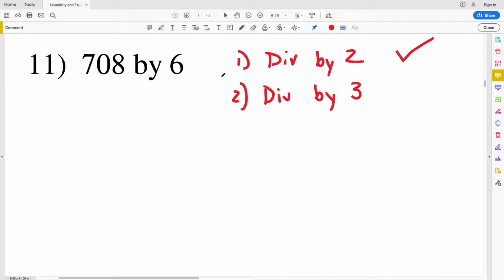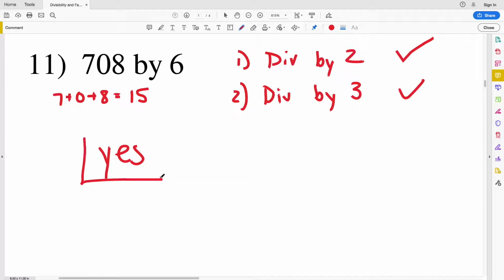Next, is it divisible by 3? 7 plus 0 plus 8 is equal to 15, and we know that 15 divided by 3 gives us a 5. So because 3 fits into 15 evenly, it's divisible by 3. Therefore, because 708 is divisible by both 2 and 3, it is indeed divisible by 6. So our solution is yes.